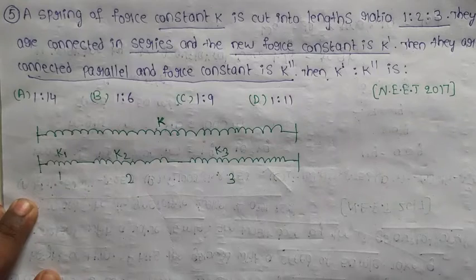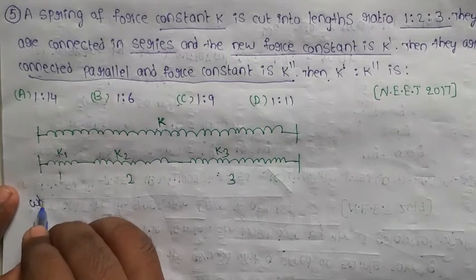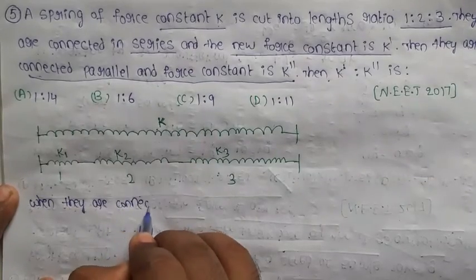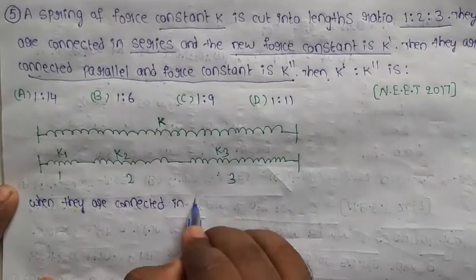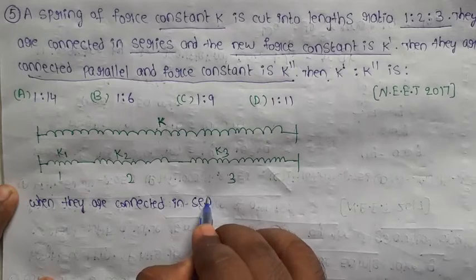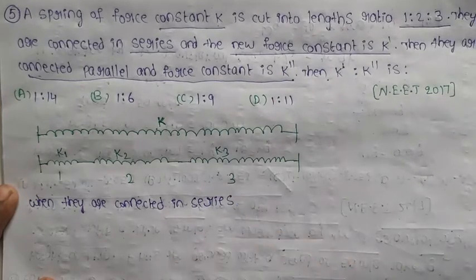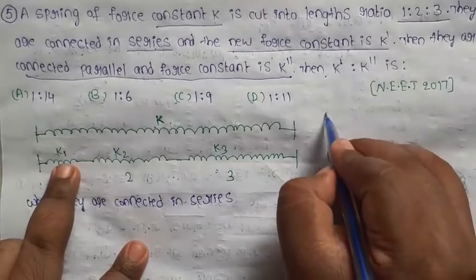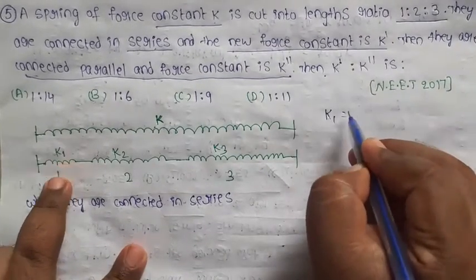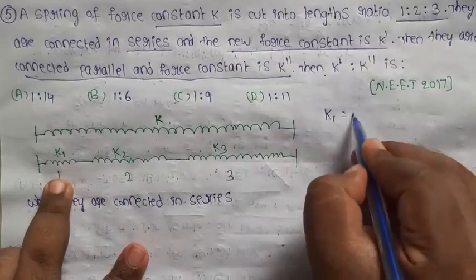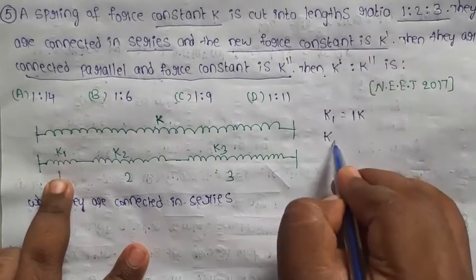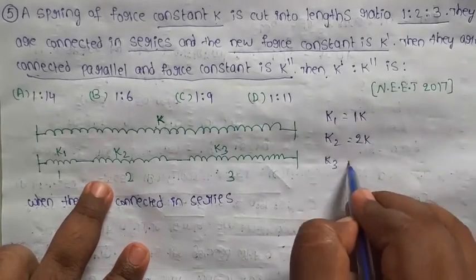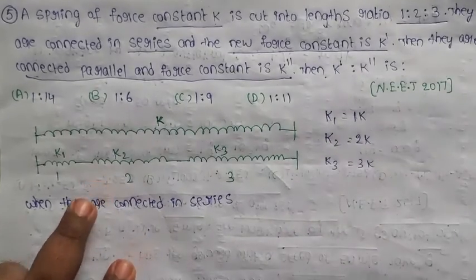Now when they are connected in series, first of all, spring constant k1 equal to 1 into original spring constant k. Next k2 equal to 2 into spring constant k, k3 equal to 3 into spring constant k.